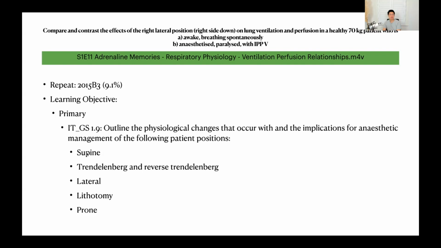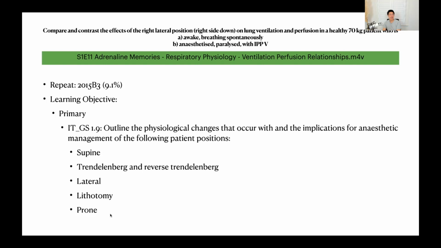The learning objective associated with this is ITGS 1.9. So outline the physiological changes that occur with, and the implications for anesthetic management of, the following patient positions: supine, Trendelenburg and reverse Trendelenburg, lateral, lithotomy, and prone.